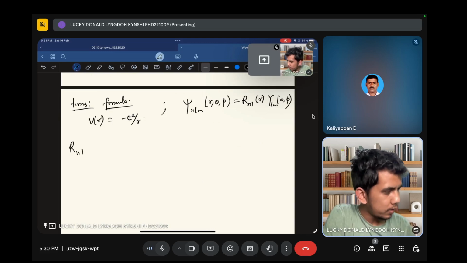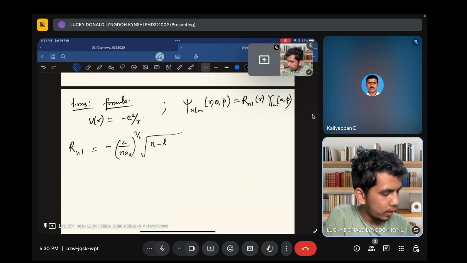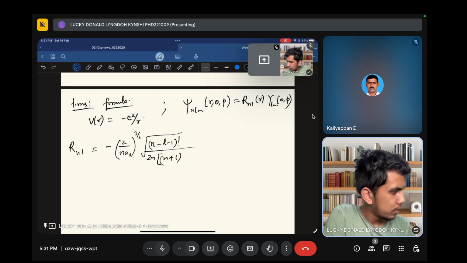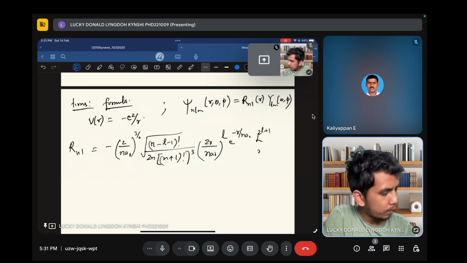Now R of n l is given to be minus 2 divided by n a naught, where a naught is the Bohr's radius, to the power 3 by 2, times n minus l minus 1 factorial divided by 2n times n plus l factorial whole cube, times 2r divided by n a naught to the power of l, e to the power minus r divided by n a naught, times L of 2l plus 1, n plus l, 2r divided by n a naught.